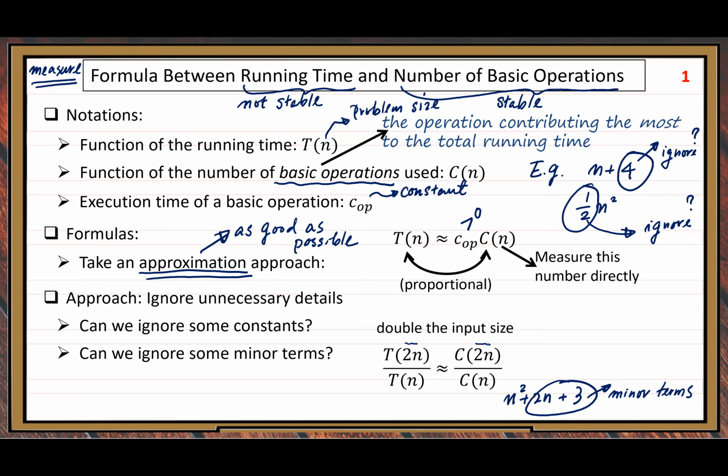If we go back to the original formula, the constant can be canceled out. So these two ratios are approximately equal. Why is this view good? This is a good view.